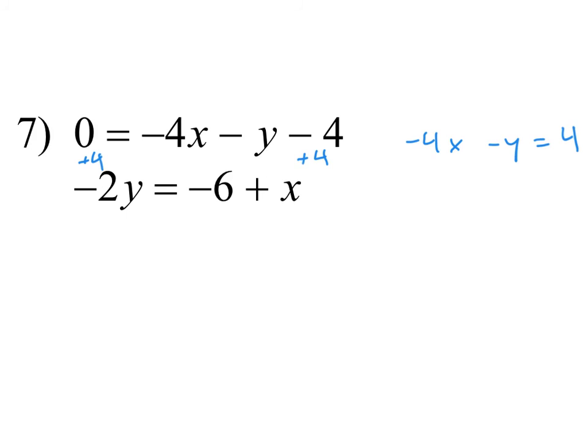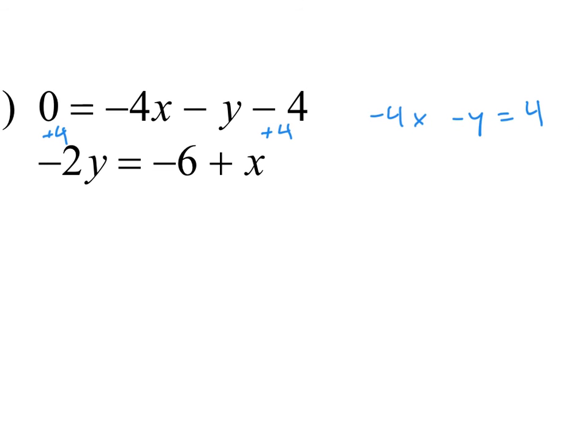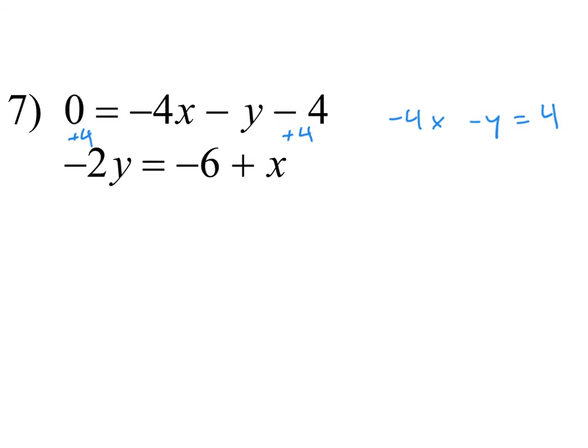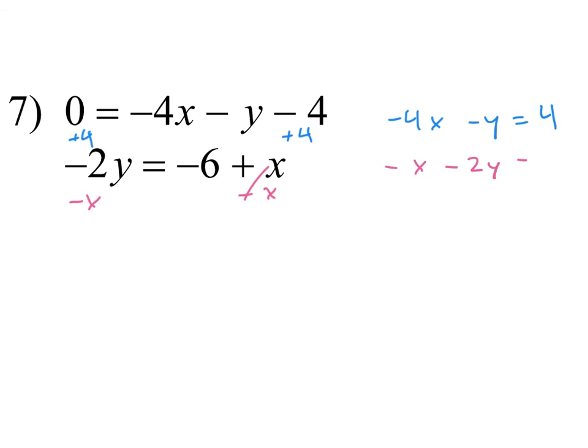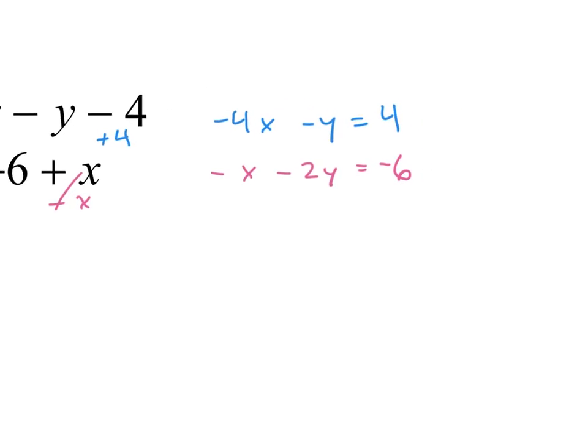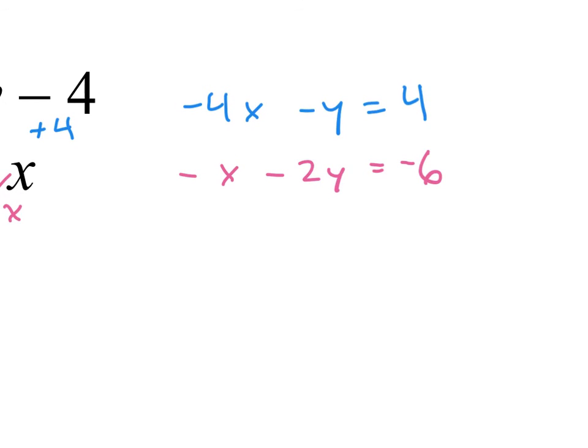And then what about our second equation? Subtract x on the other side. Perfect. We subtract x on both sides. So we get negative x minus 2y is equal to negative 6. Now we need one of our variables to cancel out.